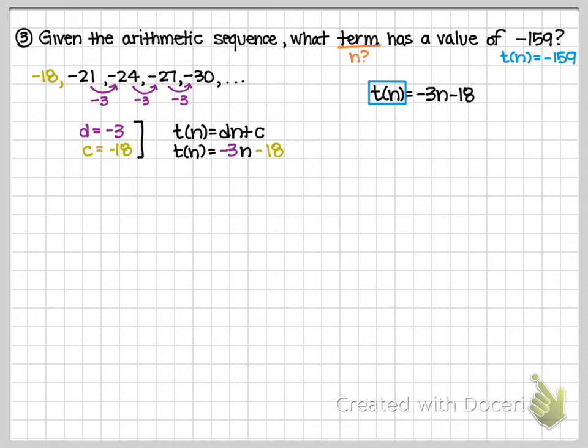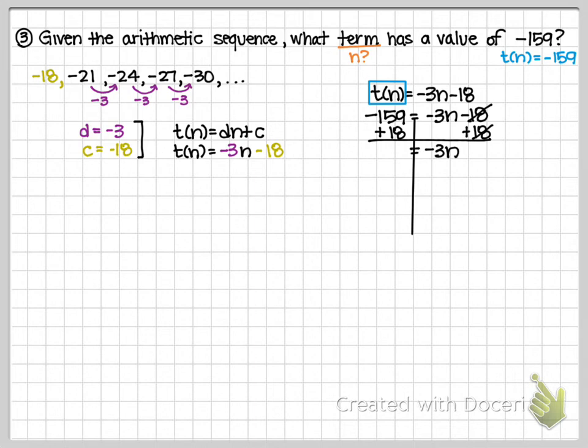So let's replace that, and then drop everything else straight down. Okay, and let's go ahead and solve. So I'm going to add the 18, trying to solve for n. Those cancel. Drop the negative 3n straight down.